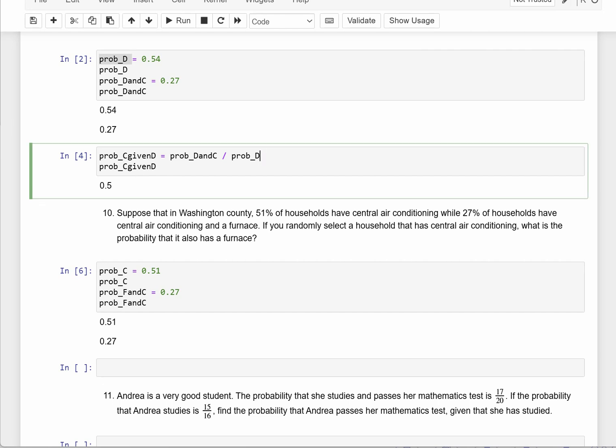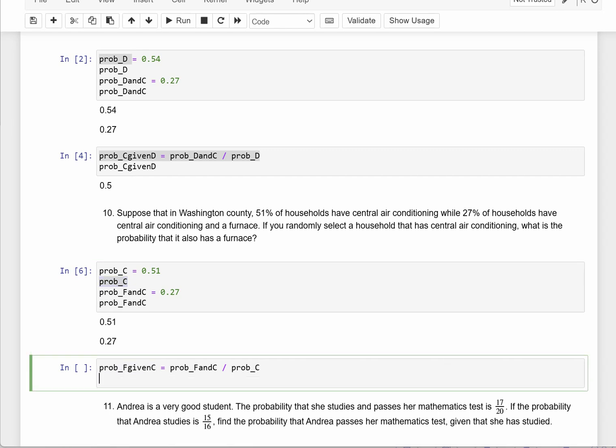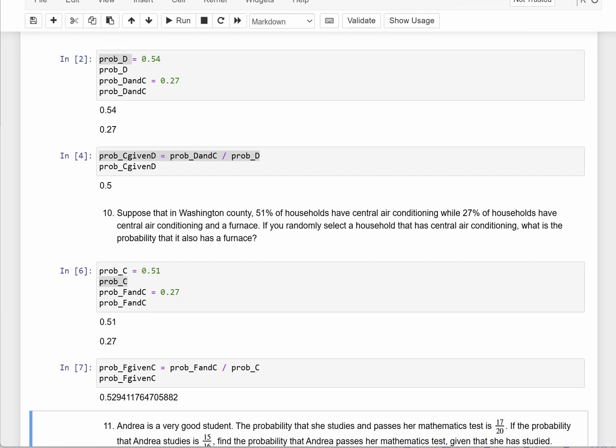And then we're doing the same thing we did up here, right? We're doing the probability of, if you select a central air conditioning house, so that's the probability of F given C, which is the probability of F intersect C divided by the probability of C. And so we get about 53%, which makes sense, right?